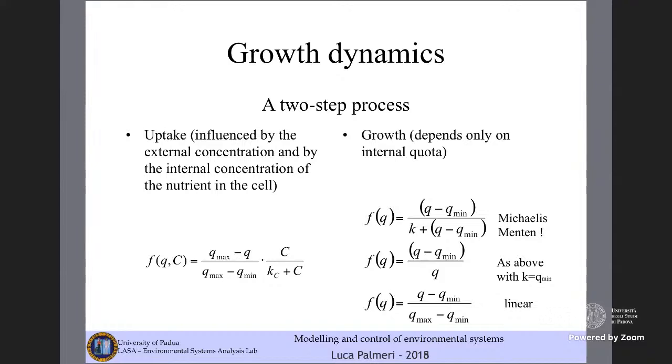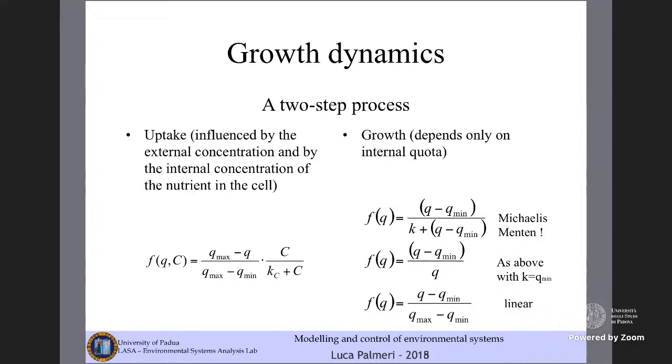This is the case when you want to describe a two-step process, more sophisticated, for describing growth dynamics. In this two-step approach, you separate the process of growth into two sub-processes. One, we may call it uptake, is influenced by the external concentration and also by the internal concentration of the nutrients, internal in the cell.